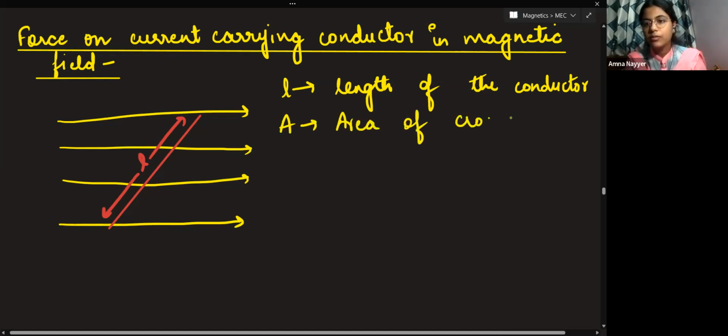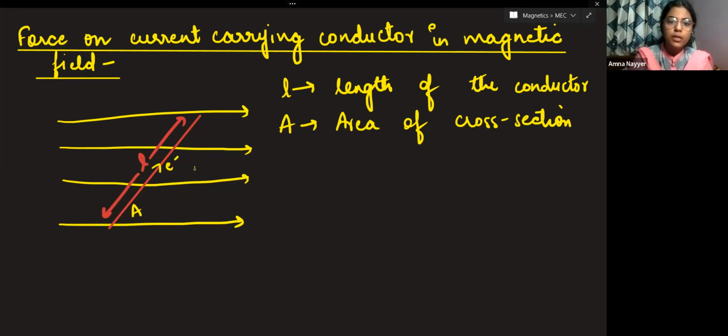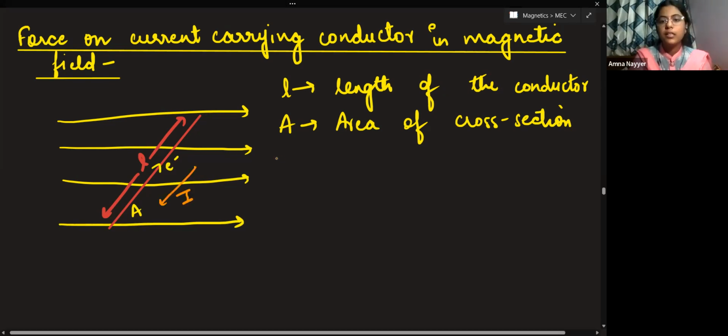A is the area of cross section. What else? Let's say electron is flowing in this direction. So obviously current's direction will be the opposite. In this way, this becomes the flow of current. So I is the direction of current.